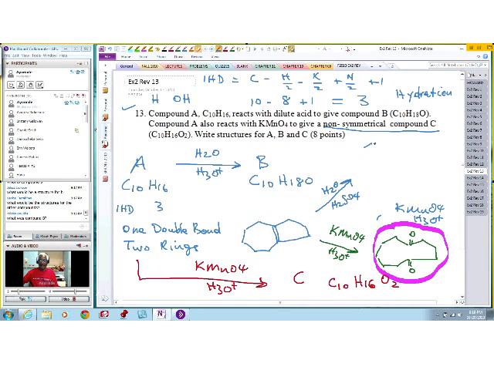So this will be this here. Okay, that is compound B.